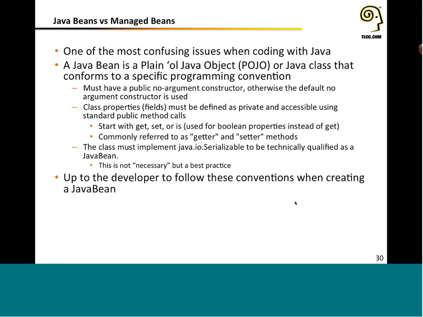And we'll take a look at an example of some of that. Typically, you want to implement Serializable, but if you don't, that doesn't make it less a bean. And in reality, the opportunities for serializing, especially your XPage objects, are pretty minimal. But we'll talk about that too. And again, it's up to the developer to follow those conventions when creating a bean.